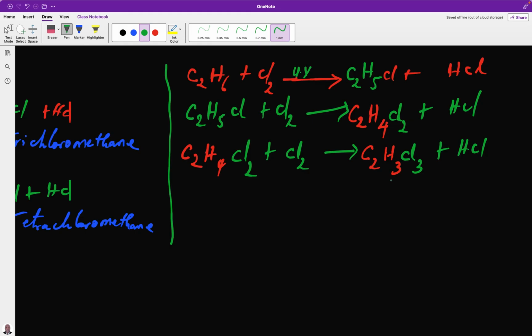Okay, now the C2H3Cl3 plus hydrogen chloride comes in here for the reaction to continue. It's a continuous process.